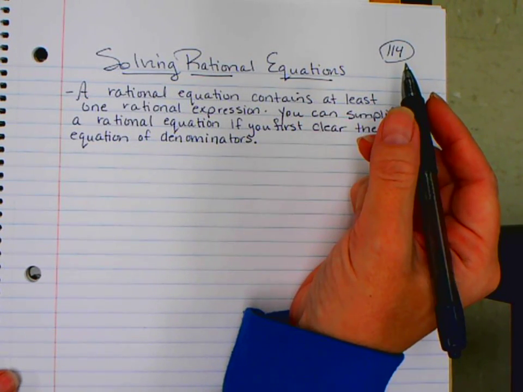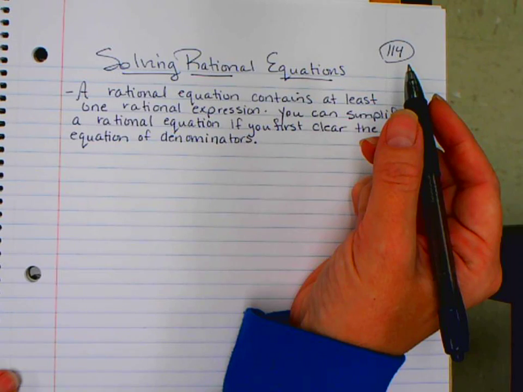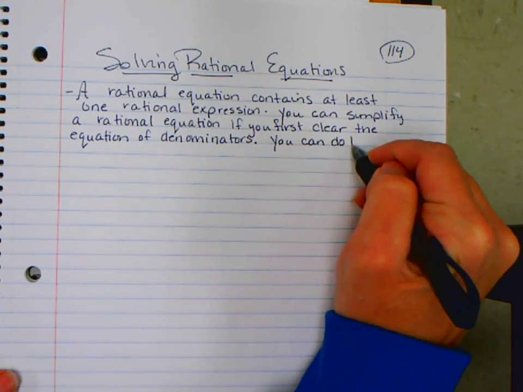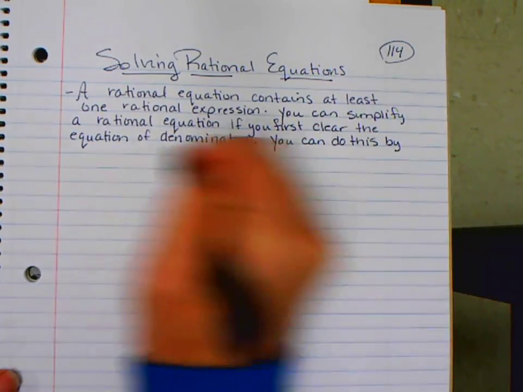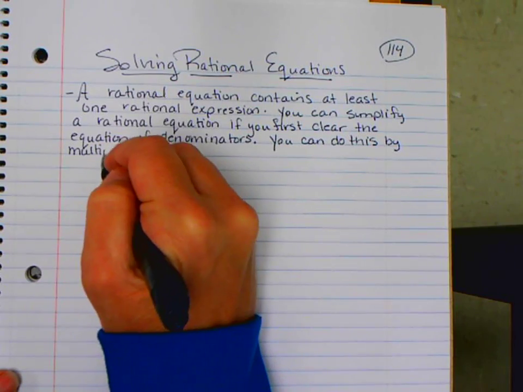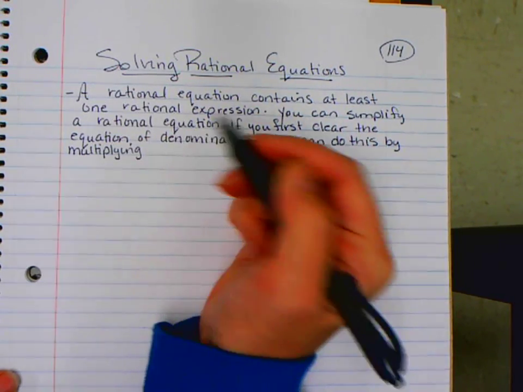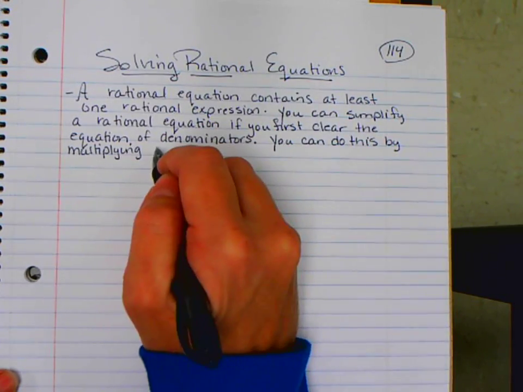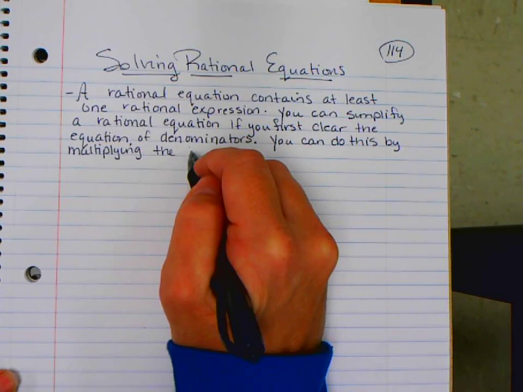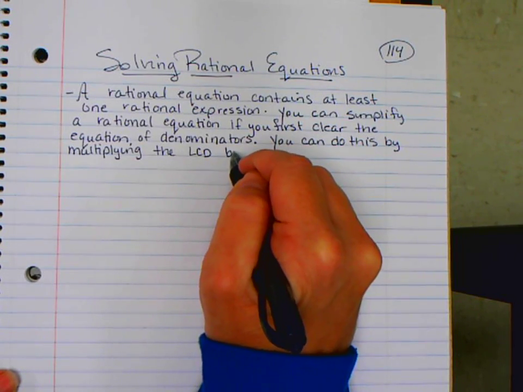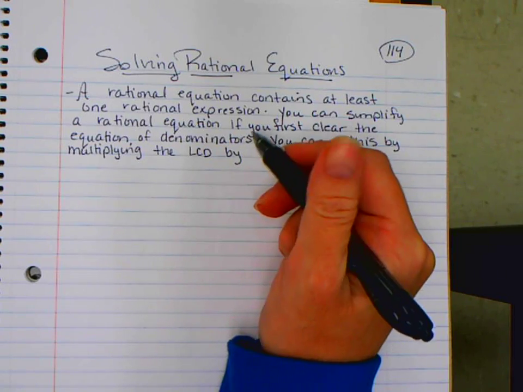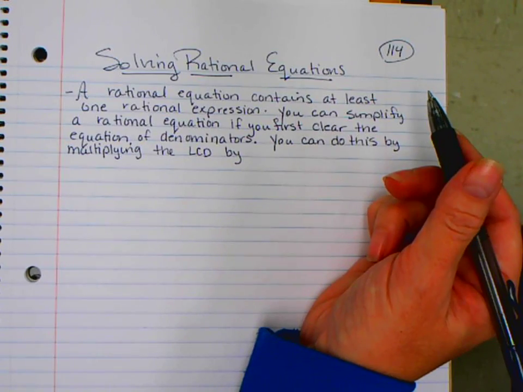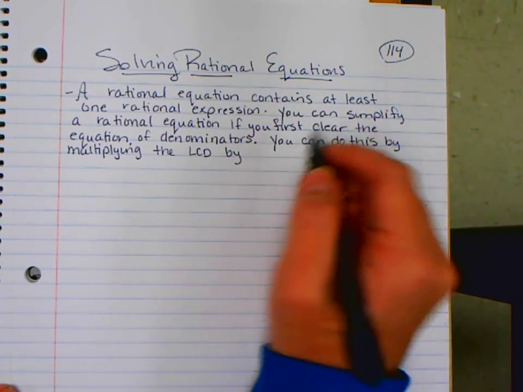You can do this by multiplying by the least common denominator of the rational expressions in the equation.